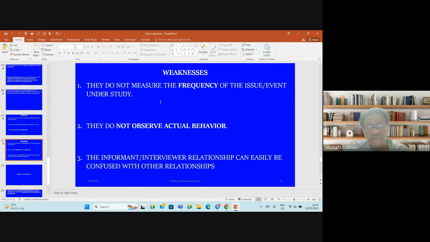The weakness is that they do not measure the frequency of the issue or event under study, and they do not observe actual behavior, because people say something and may be behaving differently. And the informant-interviewer relationship can be easily confused with other relations.